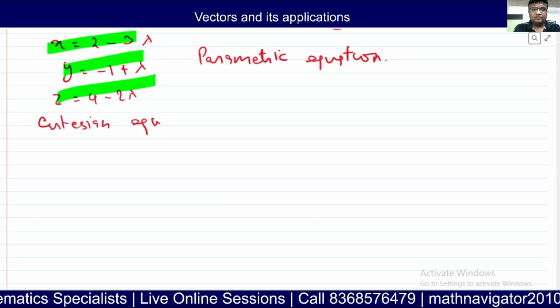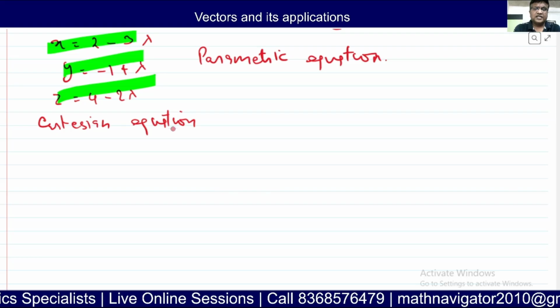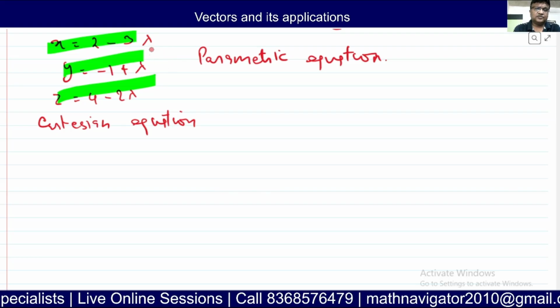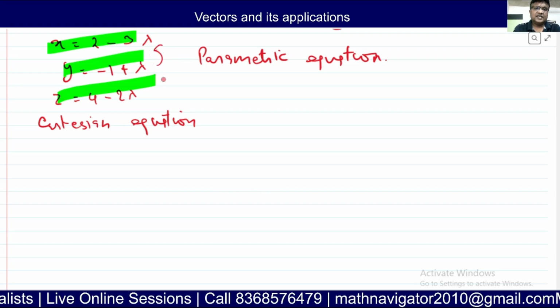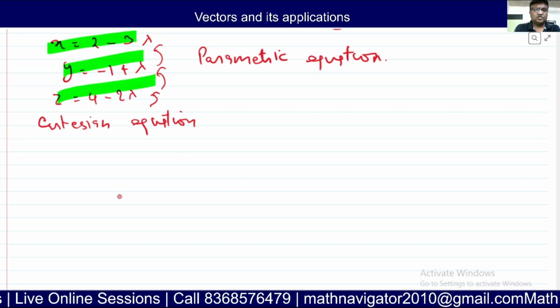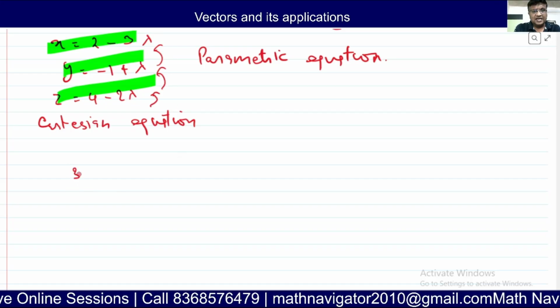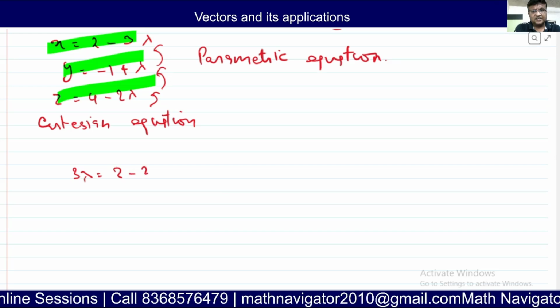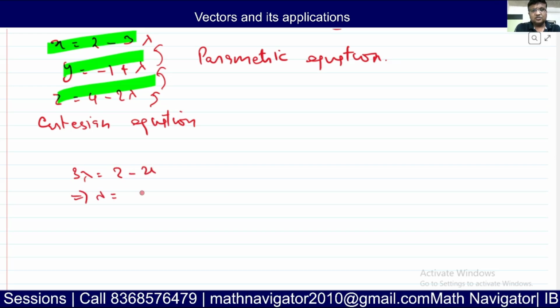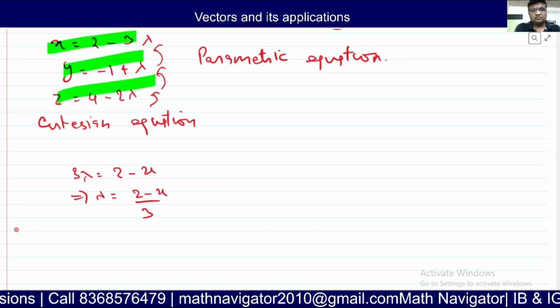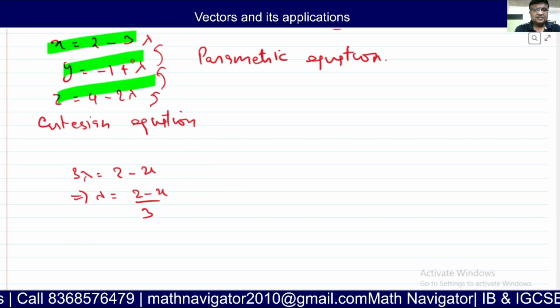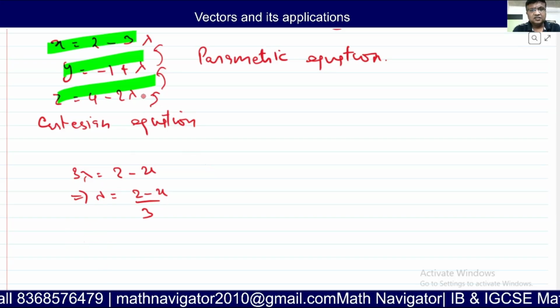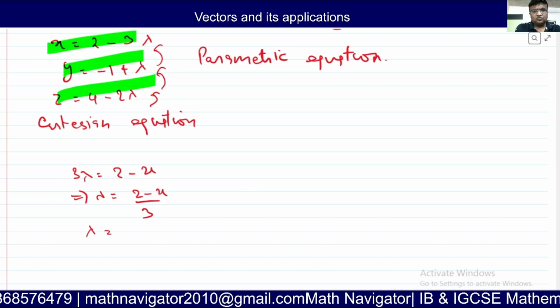The Cartesian equation can be constructed by taking lambda as the subject. So 3 lambda is equal to 2 minus x, so lambda is equal to (2 minus x) over 3. In the same way, lambda is equal to y plus 1.